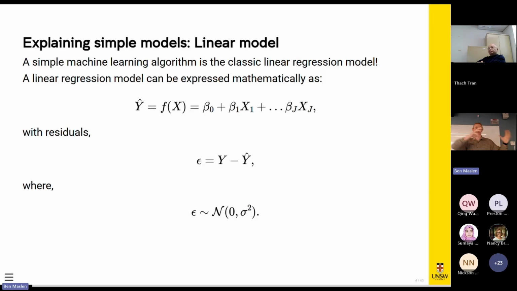We have these j features, and we multiply our regression coefficients, beta 1 up to beta j, by these features, and this is how we generate our linear model function. We also have residuals in this function, the difference between our observed y's and our fitted y's, which we assume is Gaussian distributed with mean 0 and some constant variance sigma squared.